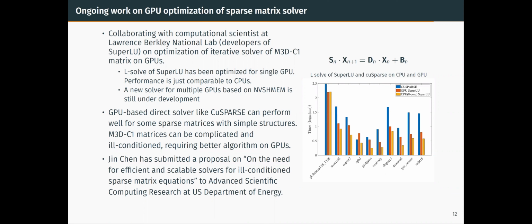If you run on multiple GPUs, the performance is even worse, but they are still trying to solve this problem. We think that this is the most challenging part for our code, as we are an implicit code and we really need to have a matrix solver. And Jin Chen, who is our collaborator, has submitted a proposal to the ASCR, the US Department of Energy, on the need of an efficient and scalable solver for ill-conditioned sparse matrix equations.